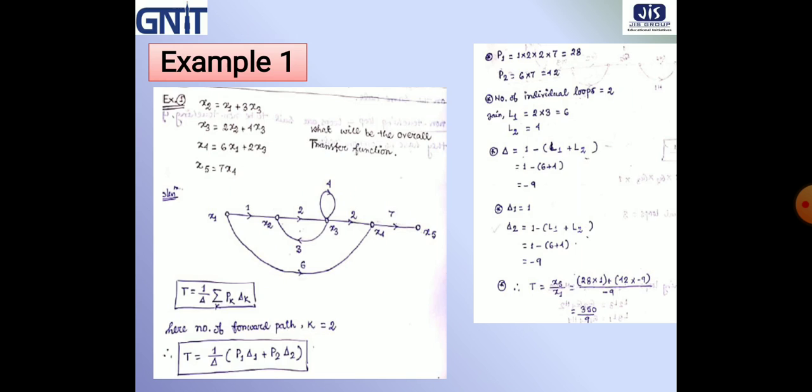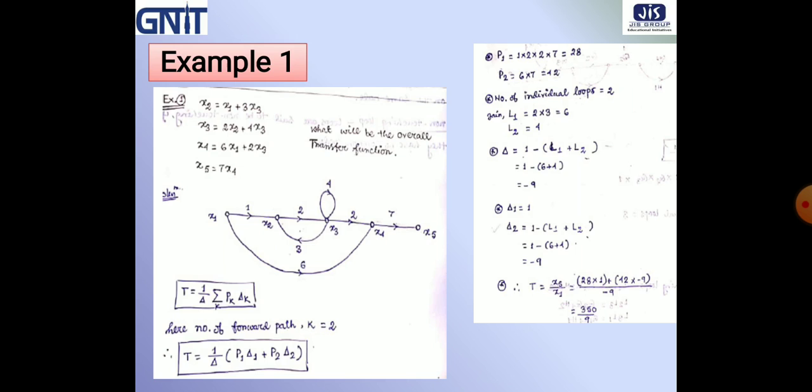Now first of all, we have to determine the number of forward paths present in the system. Now what is the definition of forward path? The definition of forward path is the path by which we can travel from input node to the output node without traveling any node more than once.